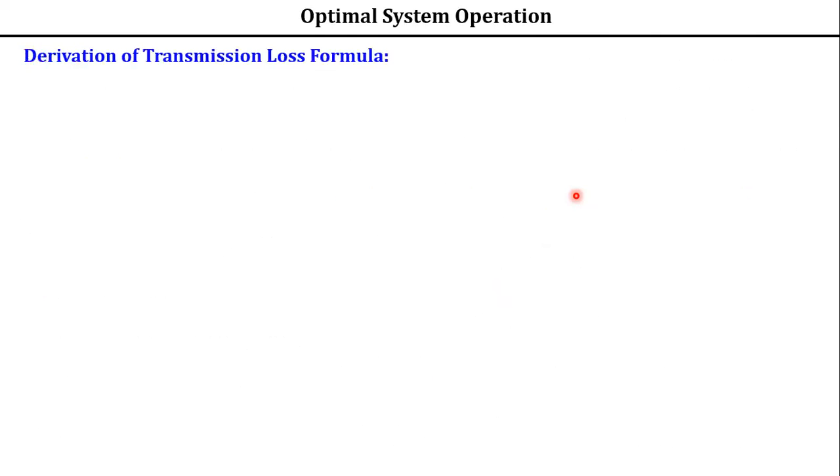Okay, next topic will be derivation of transmission loss formula. So what is it? Already we have seen that transmission losses are considered by representing some loss coefficients. Loss coefficients, that is known as B coefficients, isn't it?